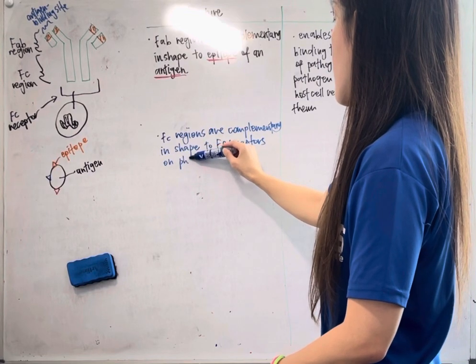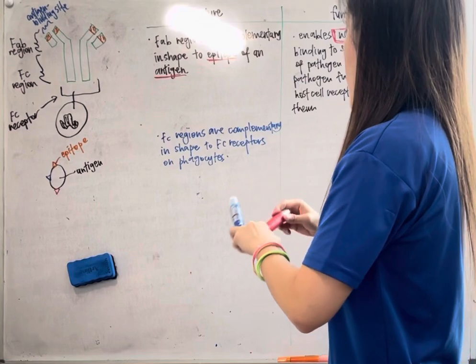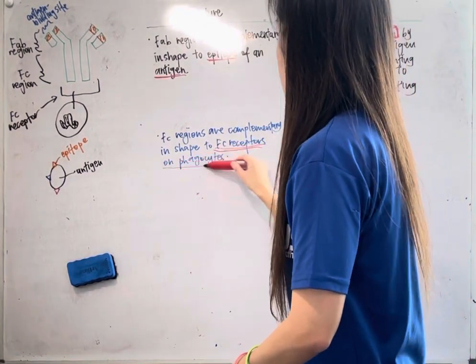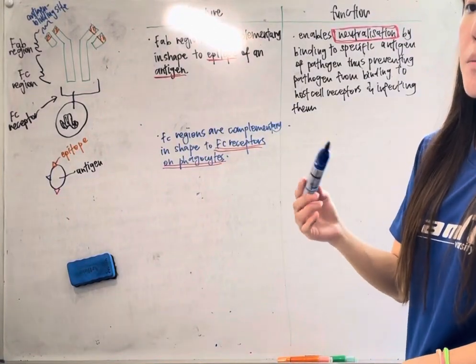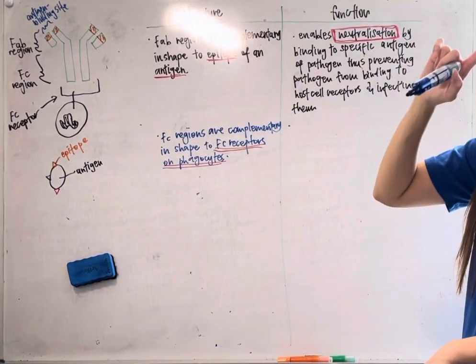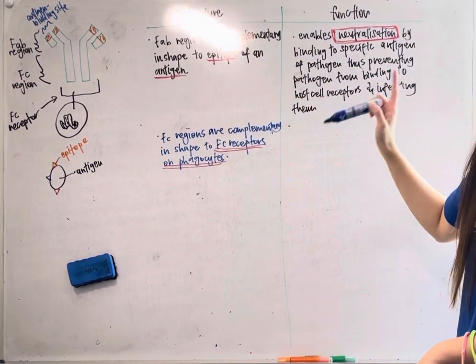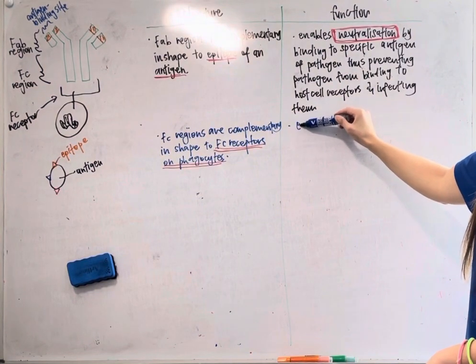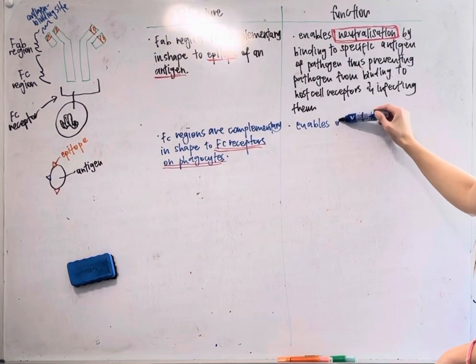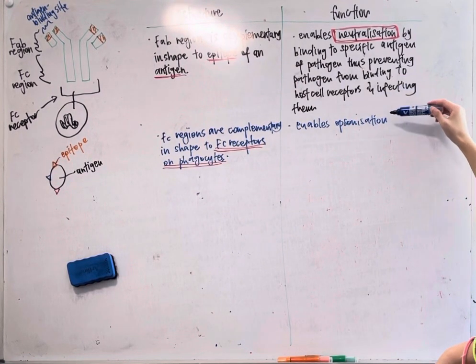So they are the ones that bind to Fc receptors found on phagocytes. The purpose of this, you should know already, is to bring about opsonization, where you target and mark the pathogen to promote or trigger phagocytosis by your phagocytes. So it enables opsonization.